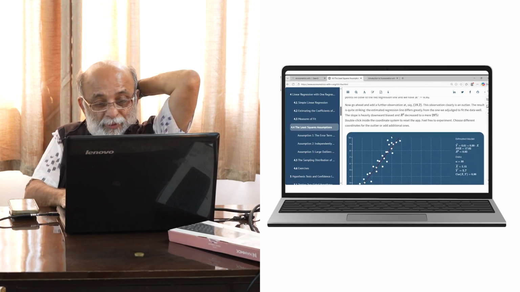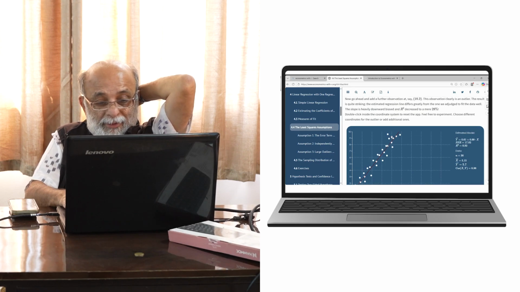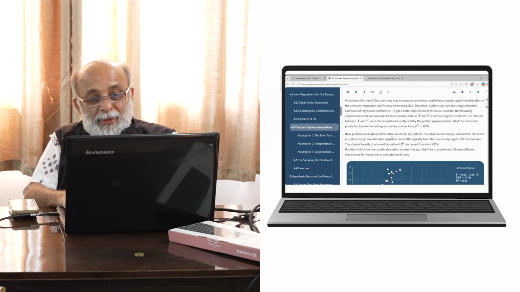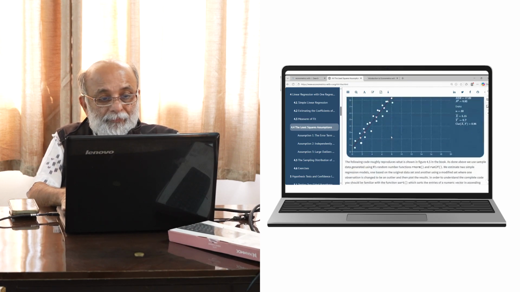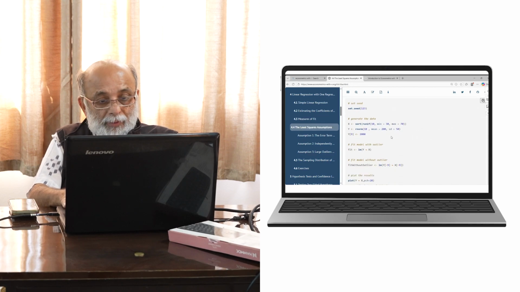So that's an example of data where the assumption fails. Okay, the third assumption is large outliers are unlikely. So take an example.